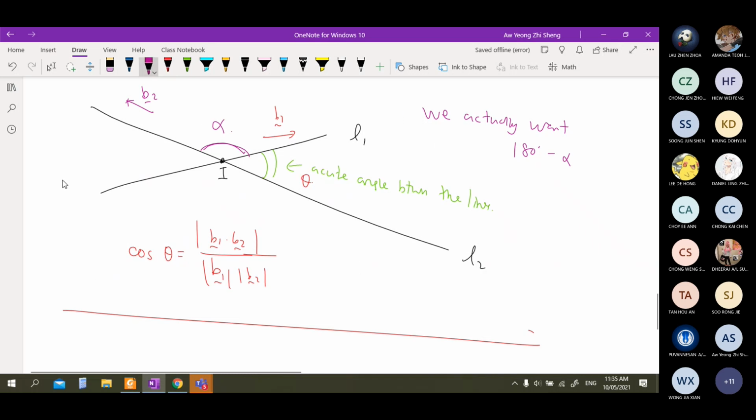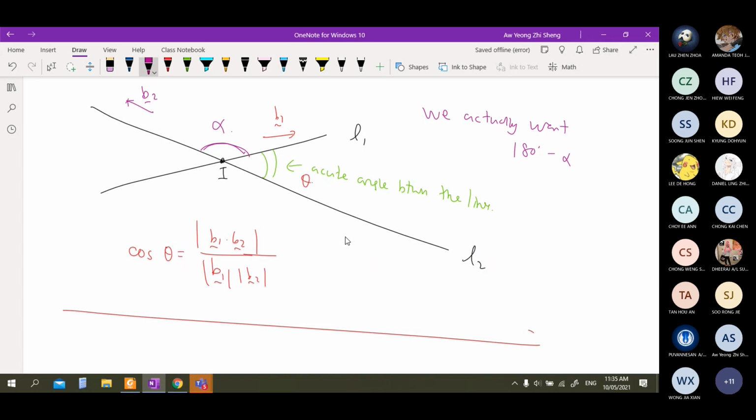For two lines, it's always possible to get two angles between them, one acute and the other obtuse, and we always take the acute angle as the final answer. We never take the obtuse one when we talk about the angle between two lines.